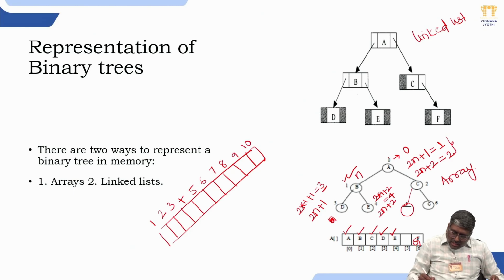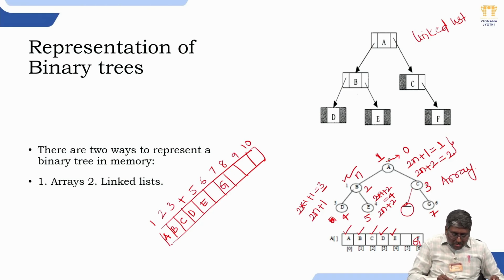Let us assume the array index is from the first position, 1 2 3 4 5, the sixth is empty, and 7. So in the first position we have A, in the second position we have B, in the third position we have C, in the fourth position we have D, in the fifth position we have E, the sixth is empty, and in the seventh position we have G.